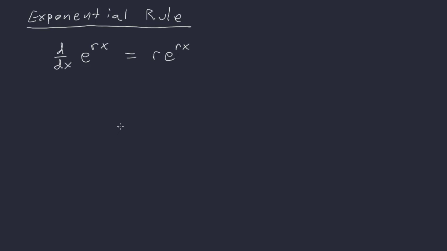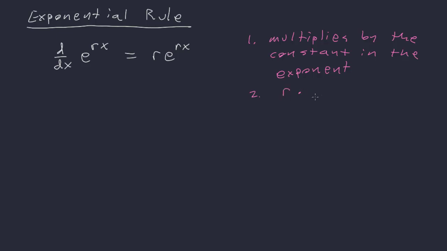Right? So what does this do? Step 1, it multiplies by the constant, and then it's just itself. Right? So step 1 multiplies by the constant in the exponent, and 2, it's that constant times itself. Okay?